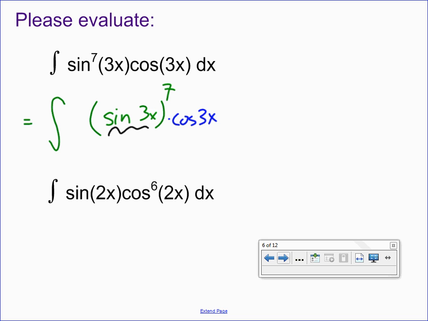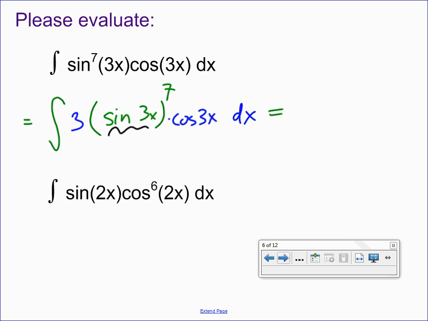The derivative of sine 3x is almost cosine 3x. What else do we need here? Grace V? We have 3 cosine 3x. Absolutely. And so if we had a 3 cosine 3x dx, then we know that this would come straight from a power rule.